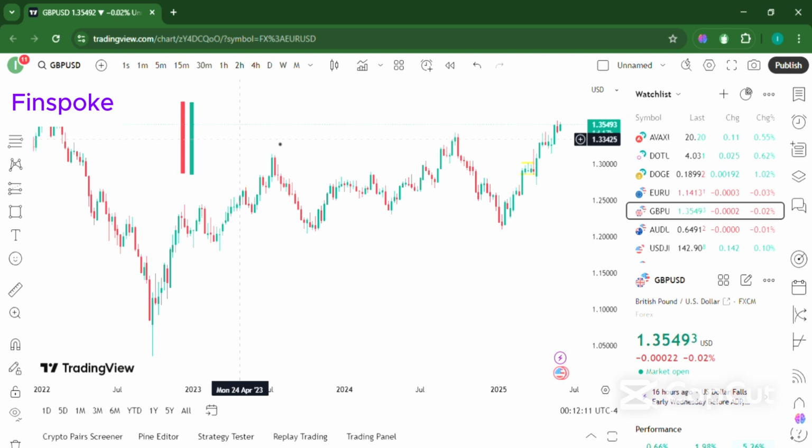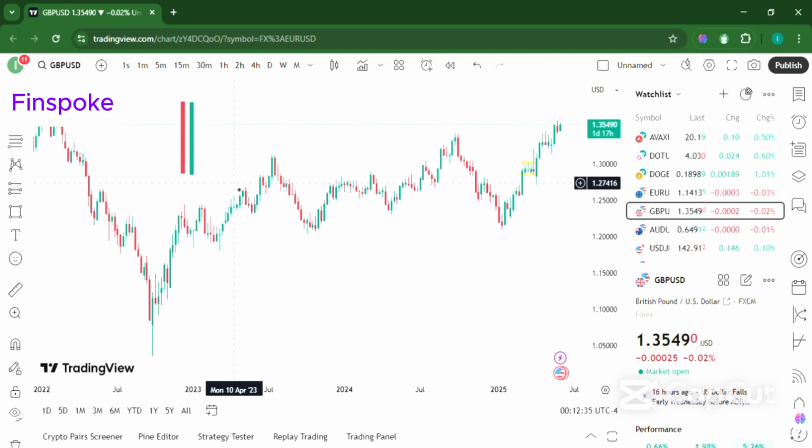Then if you find it at the resistance level, what it implies is that buyers are losing control of the market and the sellers are gaining momentum. That's the psychology behind this candle or behind this chart pattern.